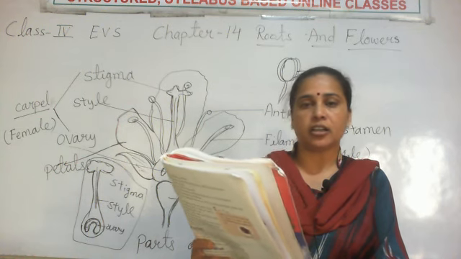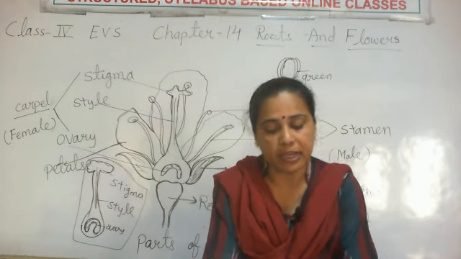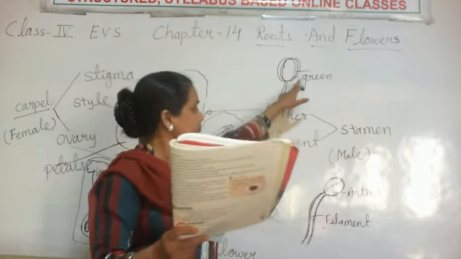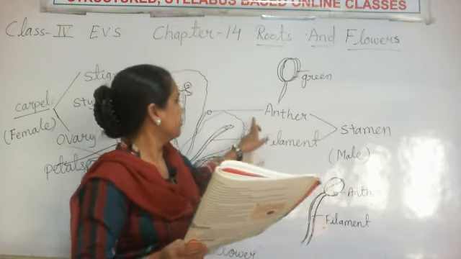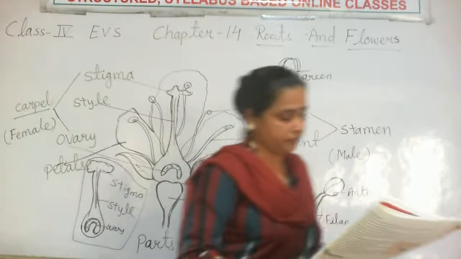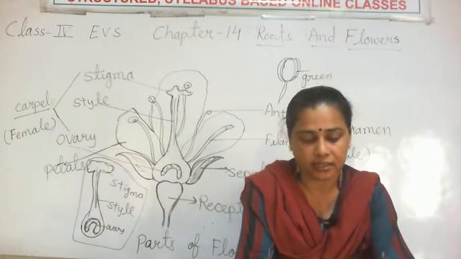Stamen is the male part of the flower. It is made up of the filament and anther. Look here. The anther produces pollen grains.